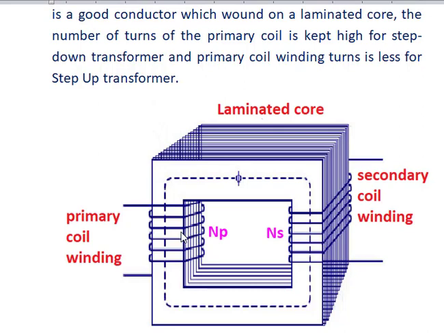In a step down transformer, the high AC voltage is converted into low AC voltage. This type of transformer is known as a step down transformer. In this step down transformer, the secondary coil winding has fewer turns when compared to the primary coil.